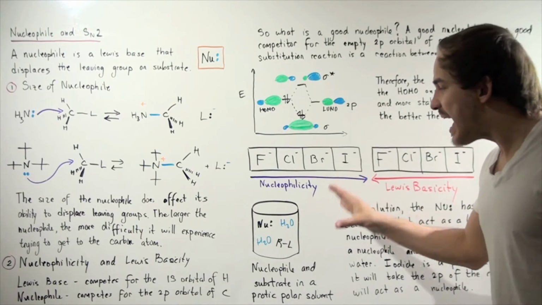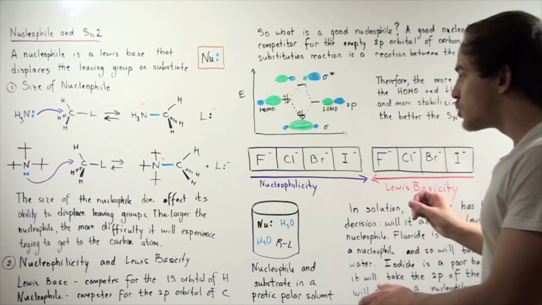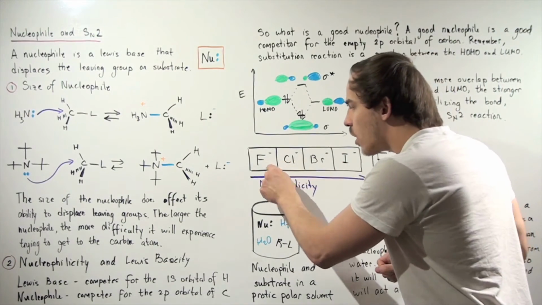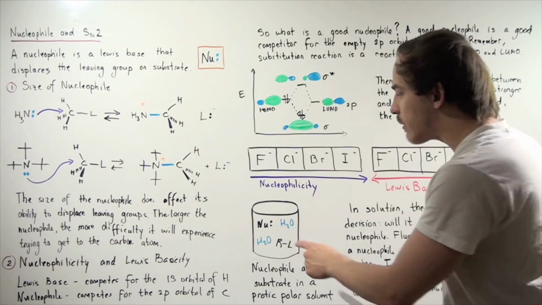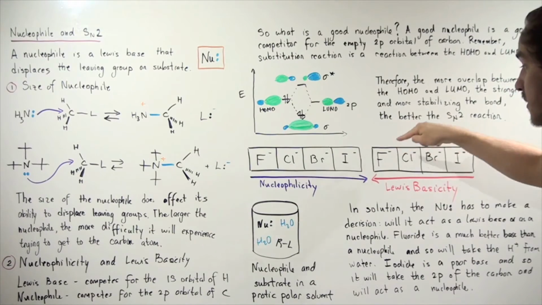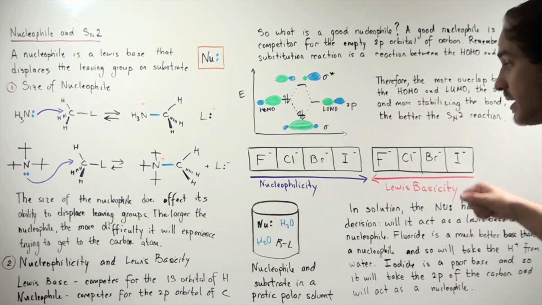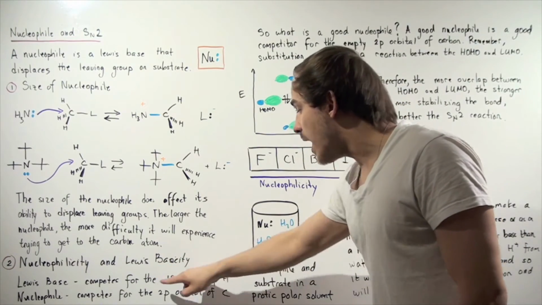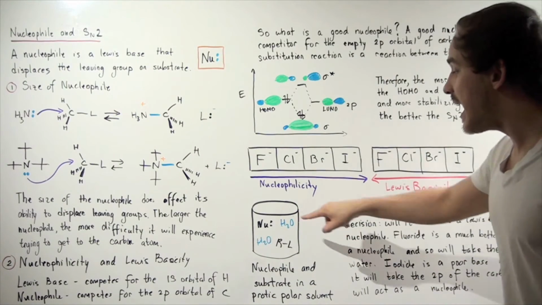So, what happens in solution? If we place our fluoride into our solution, so our nucleophile is the fluoride, that fluoride is a very good Lewis base. That means it will compete very well for the 1s orbital of the H atom.